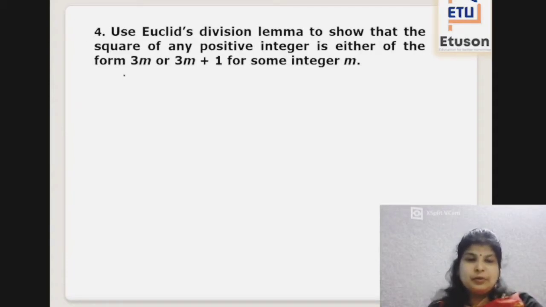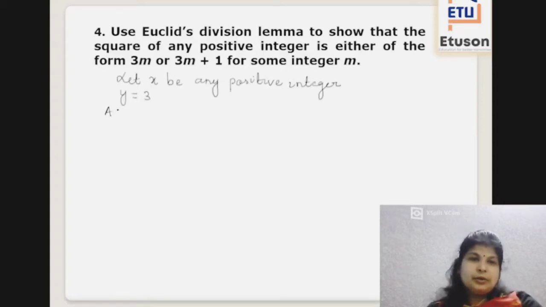So what we have to do is consider one variable x. Let x be any positive integer and y is equal to 3. Correct.